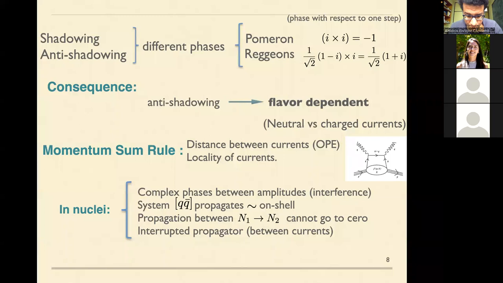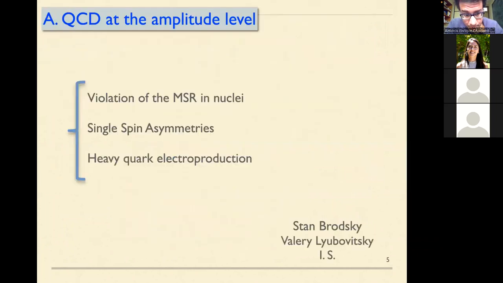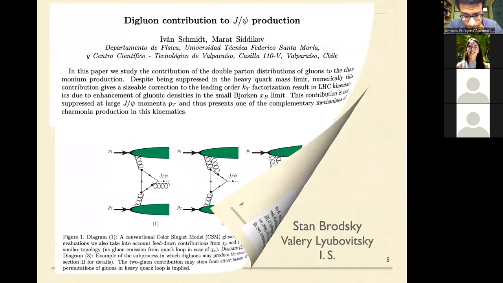Claudia always has questions. Well, there was a simple question that I had. When you put the momentum sum rule, you put this letter psi or xi or something. This is x, right? Yeah, you can put whatever. It's a variable.